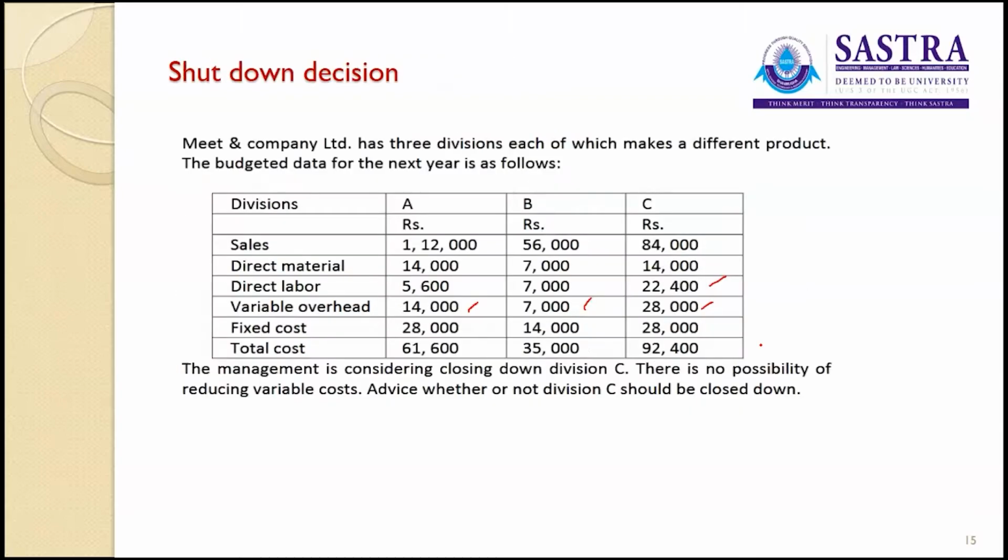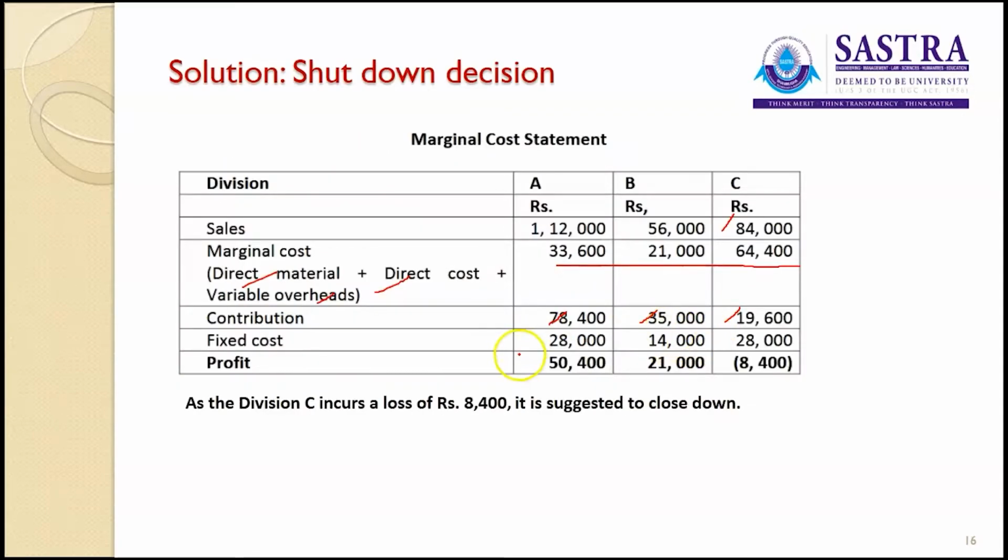That is given in the problem itself. So this is written here. That is their fixed cost. Now profit 50,400, 21,000. Then there is a loss of 8,400 for your C. That is, your fixed cost is more than the contribution. That's why we have a loss of 8,400.